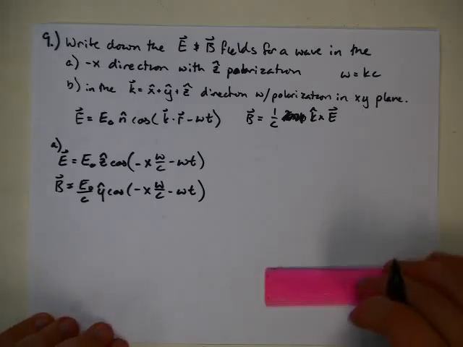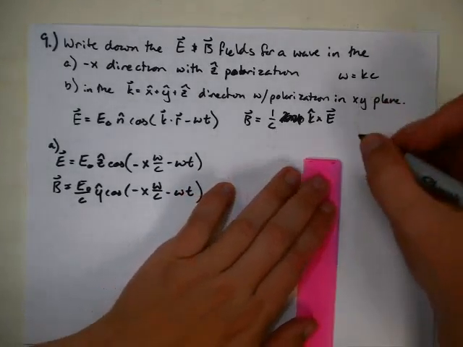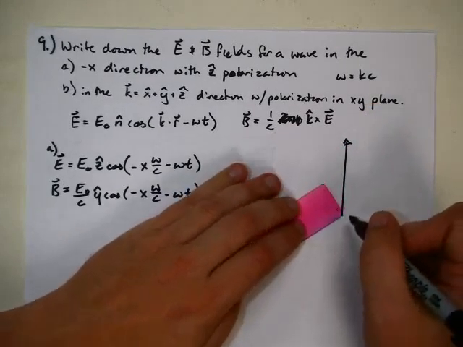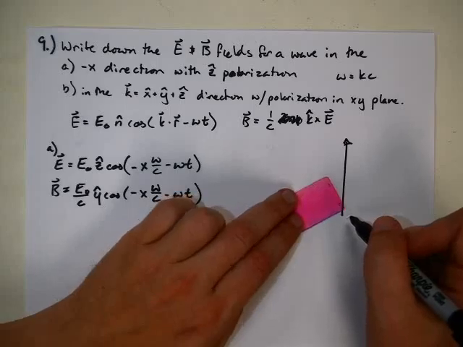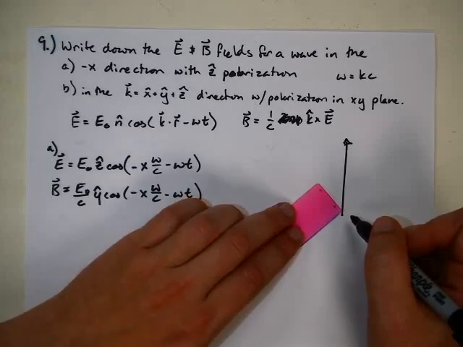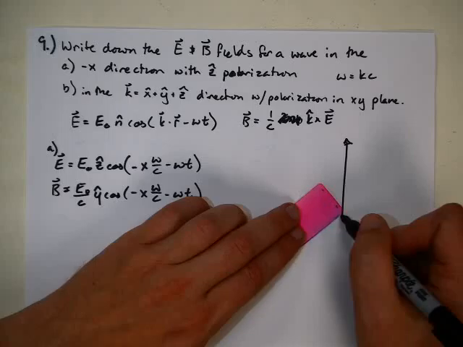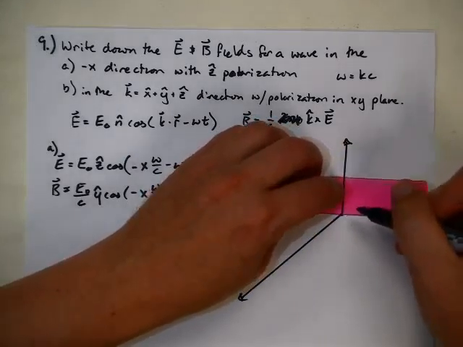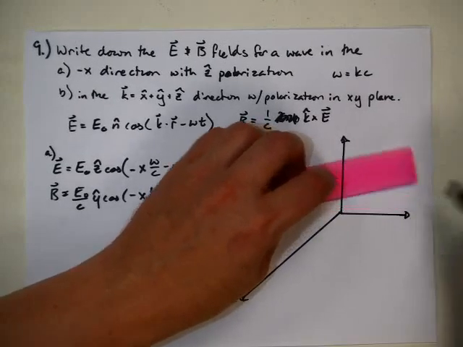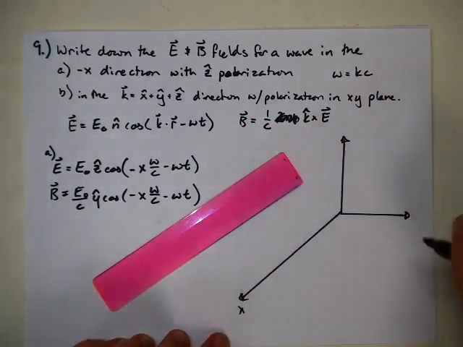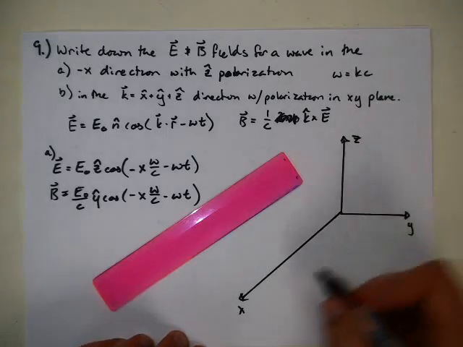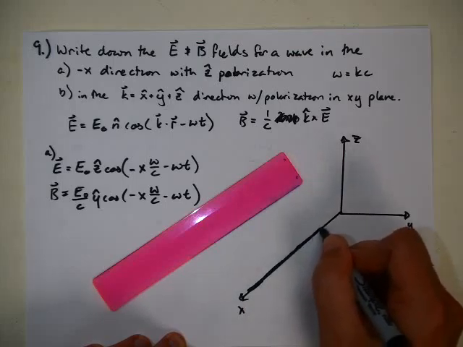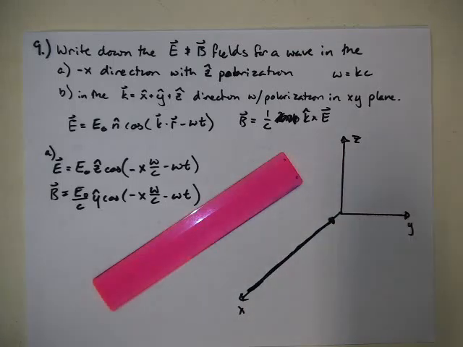Now I want to draw this vector, and so I'm going to make some axes. So here's my x, my y, and my z, and my wave is going to be moving along the x-axis, but in that direction.